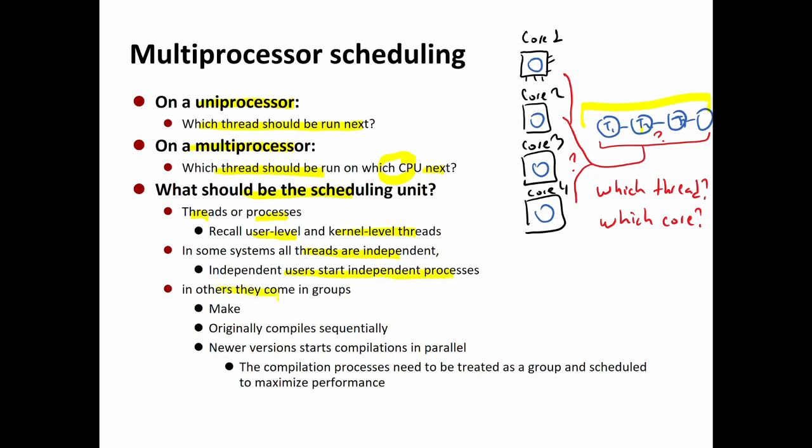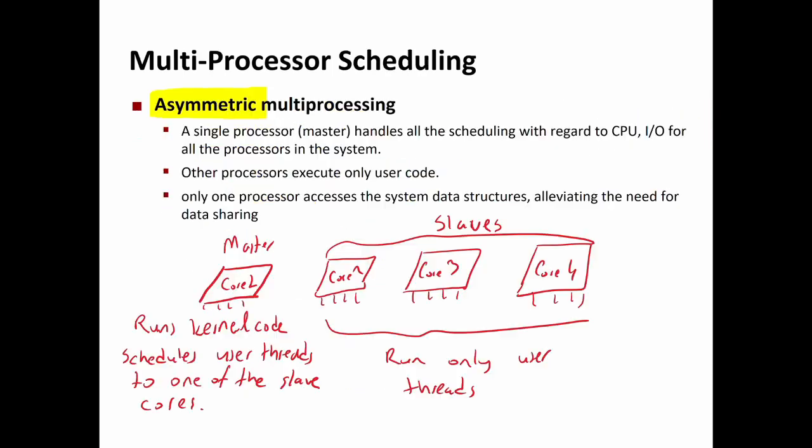In others they may come in groups, like make, which originally compiled sequentially, but newer versions even start compilations in parallel. Then you may need to treat them as a group and schedule them to maximize performance. These are issues that we haven't even touched on, but you should at least get an idea of the problems associated with it.